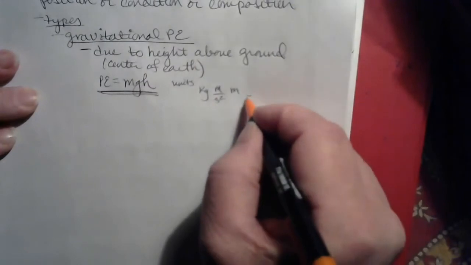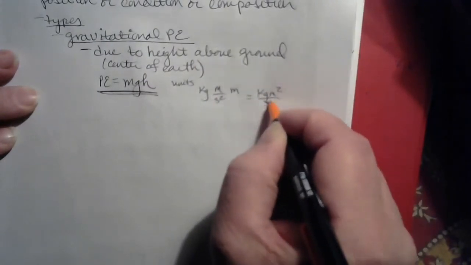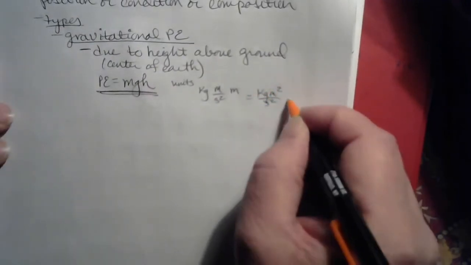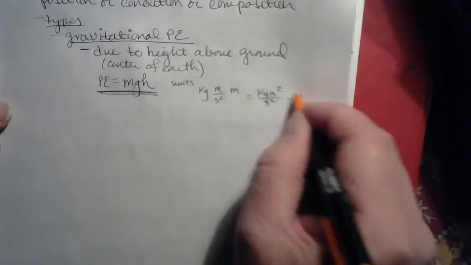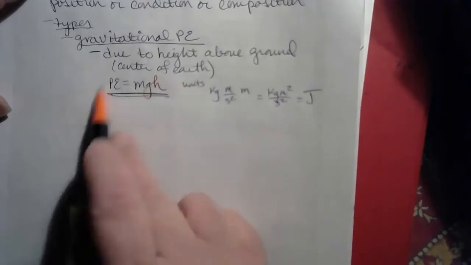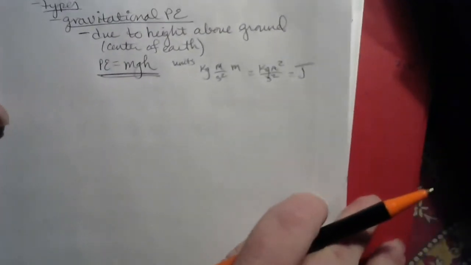And when you combine these together, you get kilograms meters squared per second squared, and that is a joule. So the units for potential energy would also be in joules as your standard SI unit.